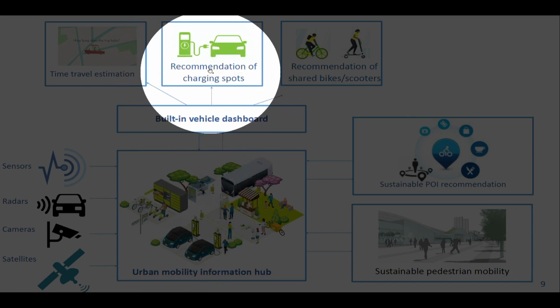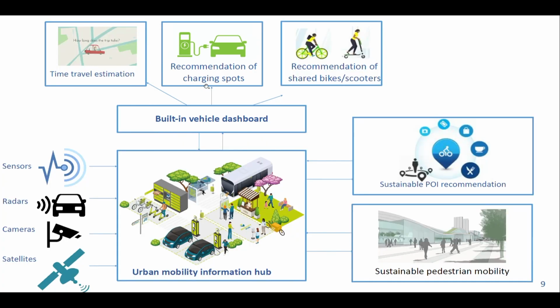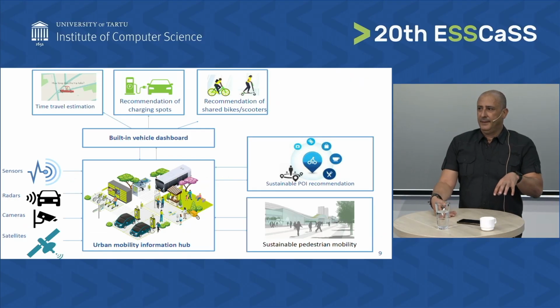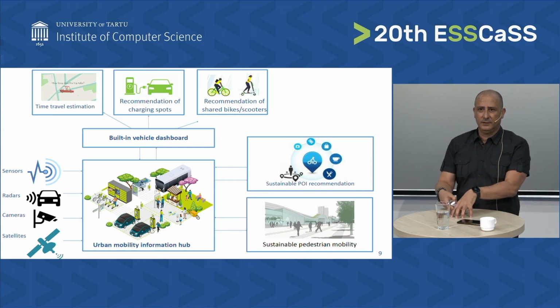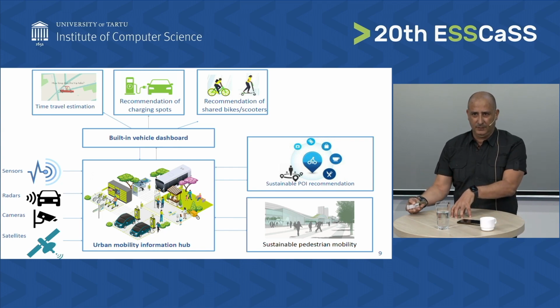And then we also developed a recommendation of charging spots. The recommendation of charging spots is also illustrative, and I will connect it later to the infrastructure. It is an illustration of what we call data collection and knowledge extraction that would ground a decision.